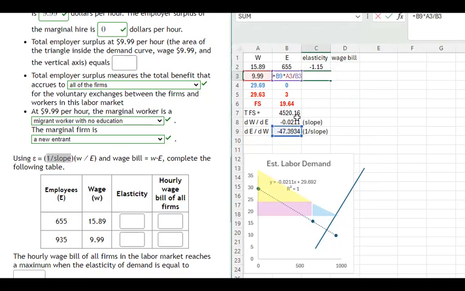So I'm going to multiply the 1 over the slope of my equation by the wage employment level ratio. So I got this value times the wage rate divided by the employment level at the other point.